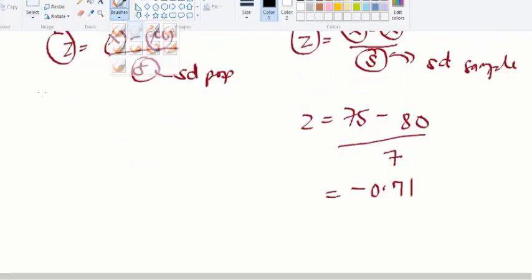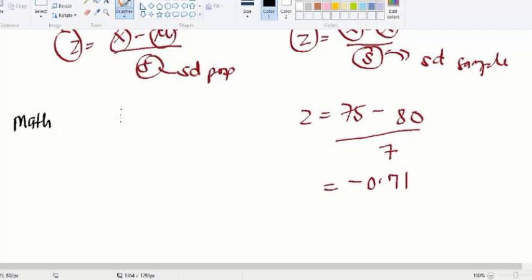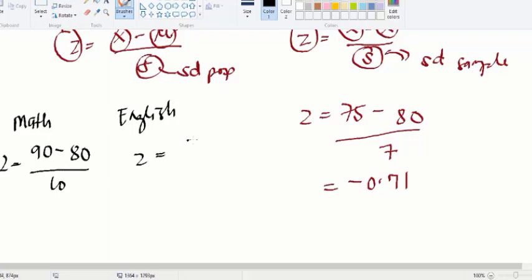So, let me have a z-score for math and then for English. Sa math daw, 90 yung grade niya. So, z is equal to 90, yung grade niya, minus 80, ang mean, over 10, ang standard deviation. Sa English naman, 70 yung score niya, 60 ang mean, over 8.